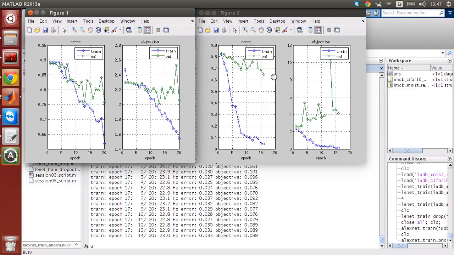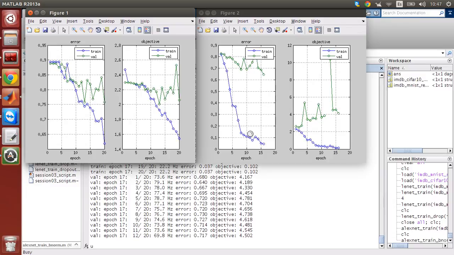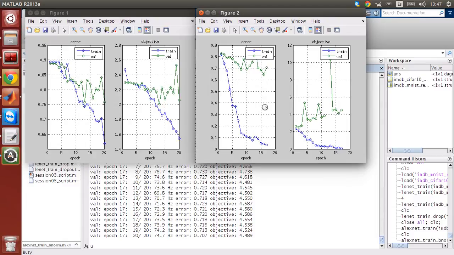To the last point of the session: trying to place batch normalization before the ReLU layers, because in this experiment, if you remember, we have put them after the ReLUs. In my experience, and this has also been reported by other people, putting batch normalization after helped a lot to improve convergence.